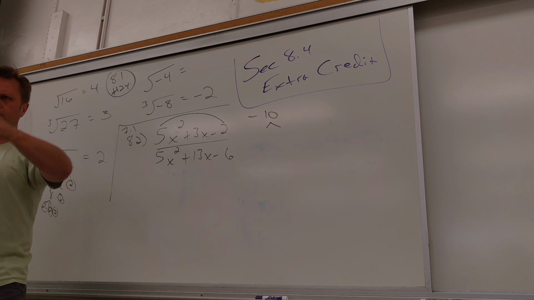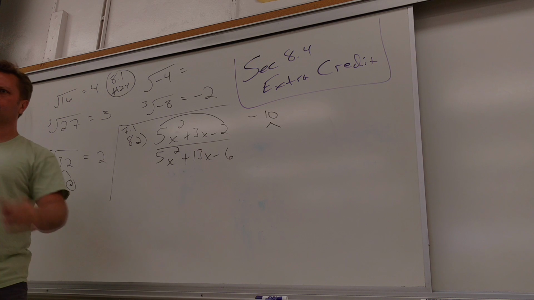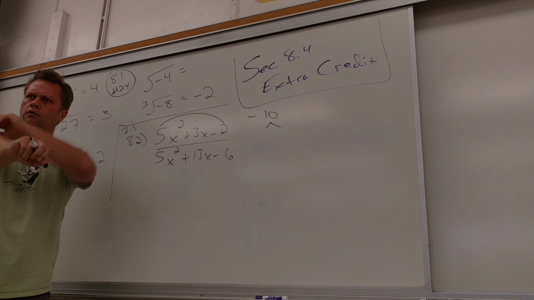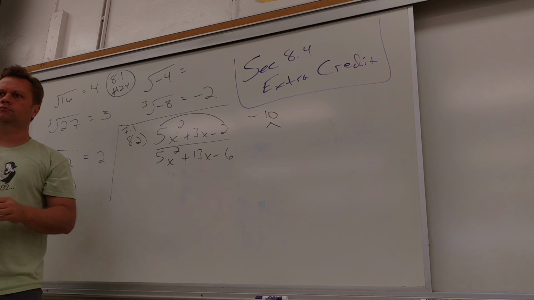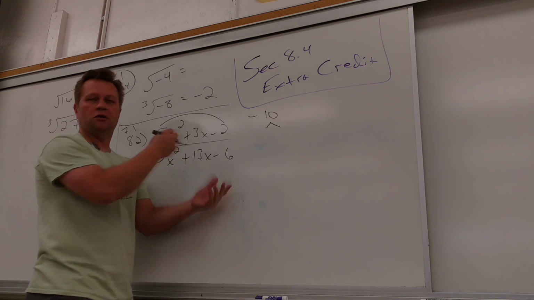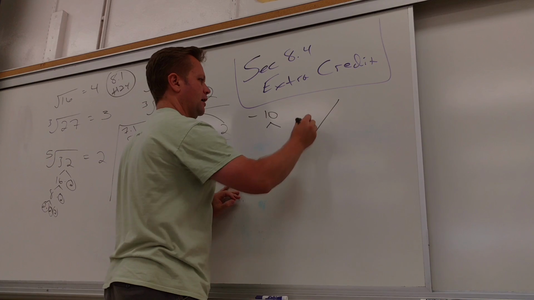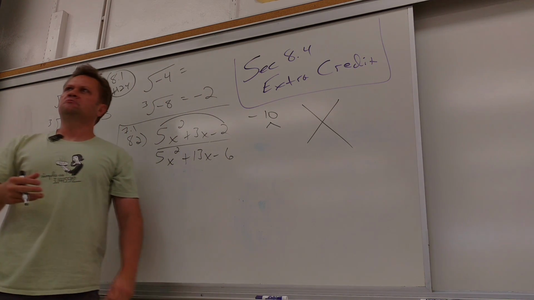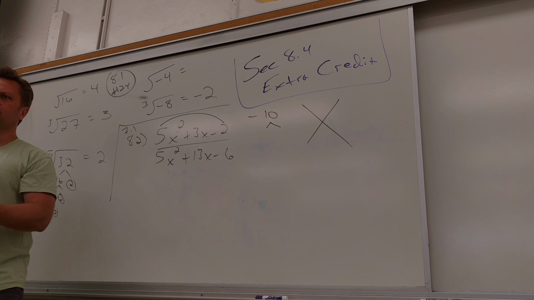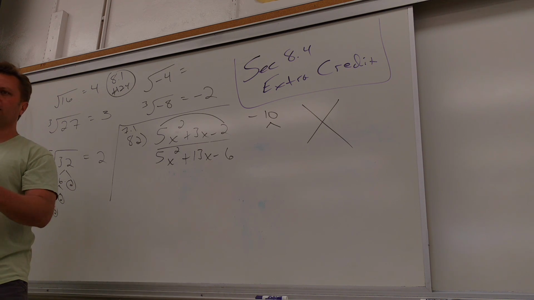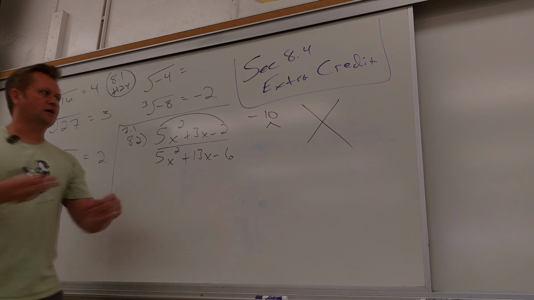So there are other ways to do this. I just need to see some work as to what you're doing. For the factoring part, you understand the X method, right? Yes, that's the same thing I do. Or the AC method or whatever. That's what I'm doing. Okay, yeah. If it helps you, great. I don't see the magic behind it, to be honest, because I do the same thing.